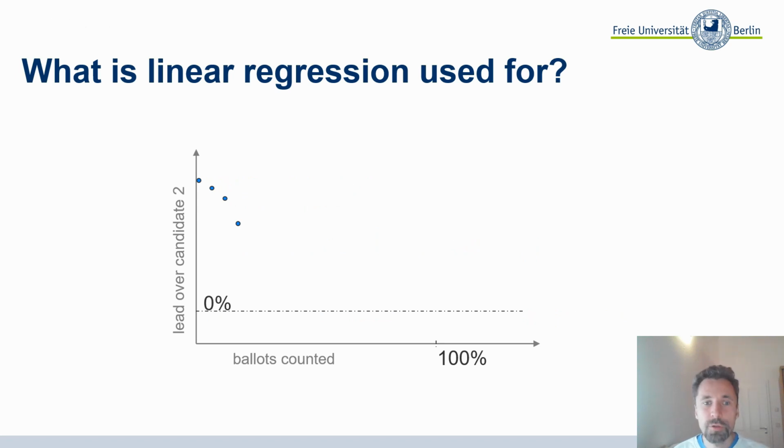So what do you use linear regression for? One of the examples I wanted to share with you is this. Think of the most recent elections you can remember. In some of the states, it was really a close race between two candidates, and a portion of the votes were counted in the beginning, those that came from people that actually went to the voting booths.